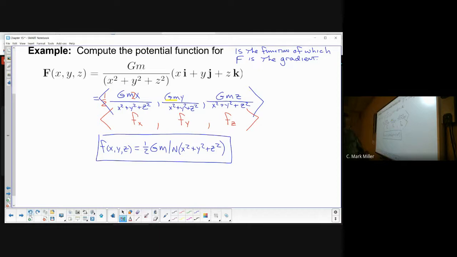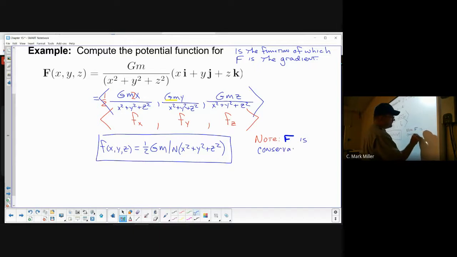And so, last thing, note: capital F is conservative, since capital F equals the gradient of little f.